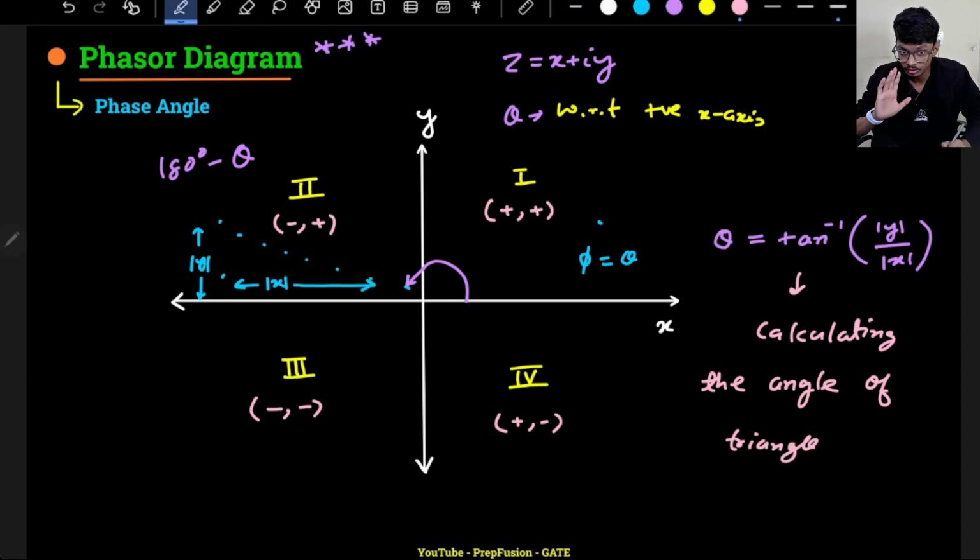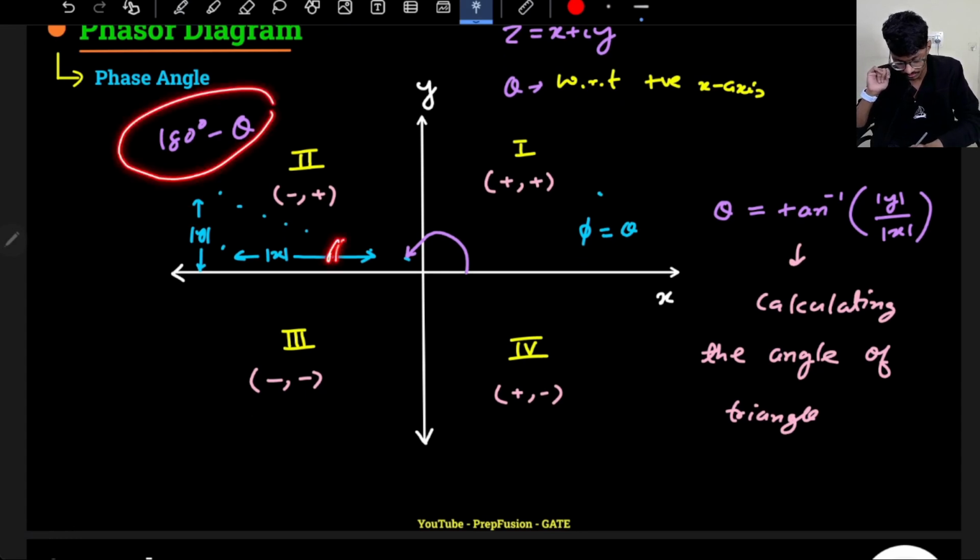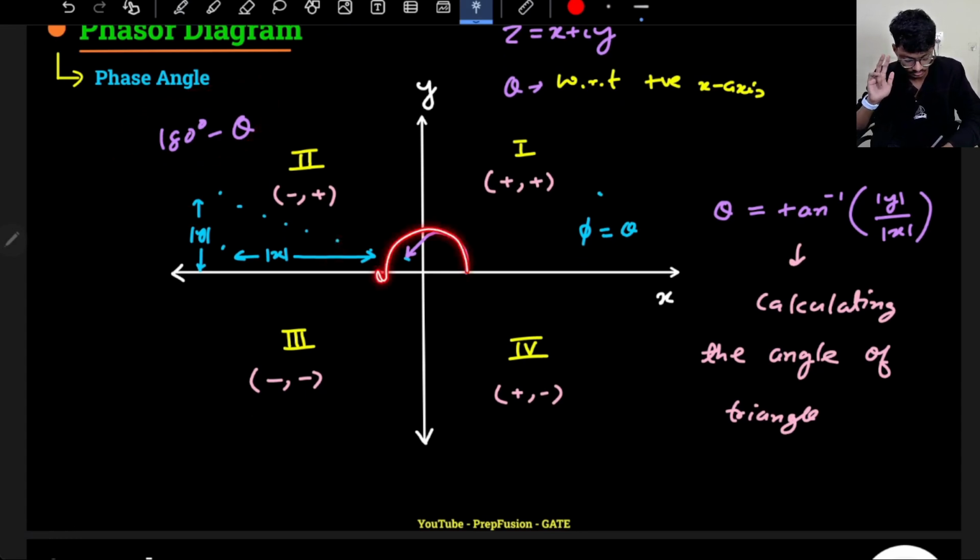Ultimately you will not show it in your solution. That is for our understanding. So here you find this theta and subtract it from 180, because this whole angle is 180. You subtract the excess angle and you get back this angle.